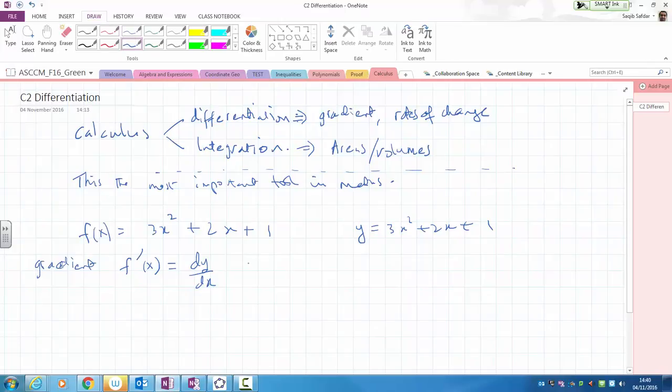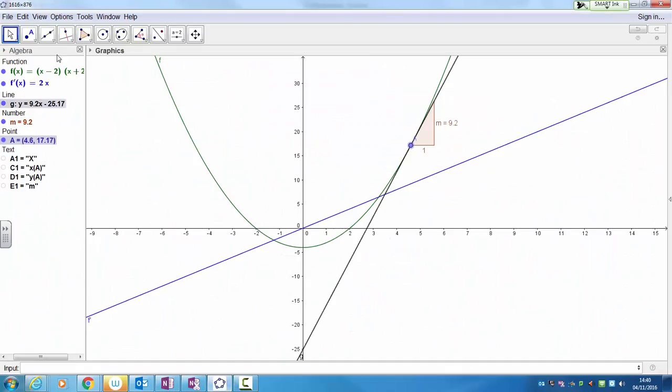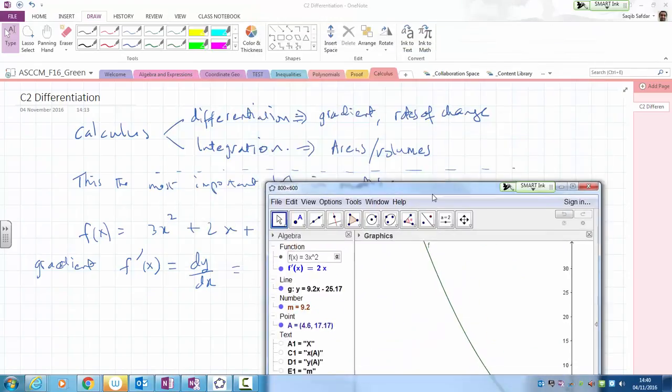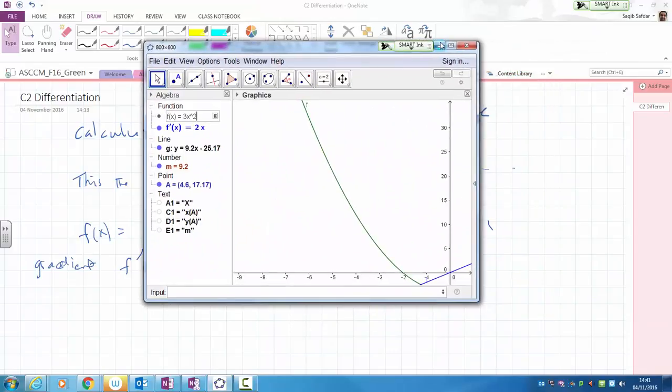And the way it works is simply as follows. You will get 6x plus 2. And we can check that using GeoGebra. So 3x squared plus 2x plus 1.